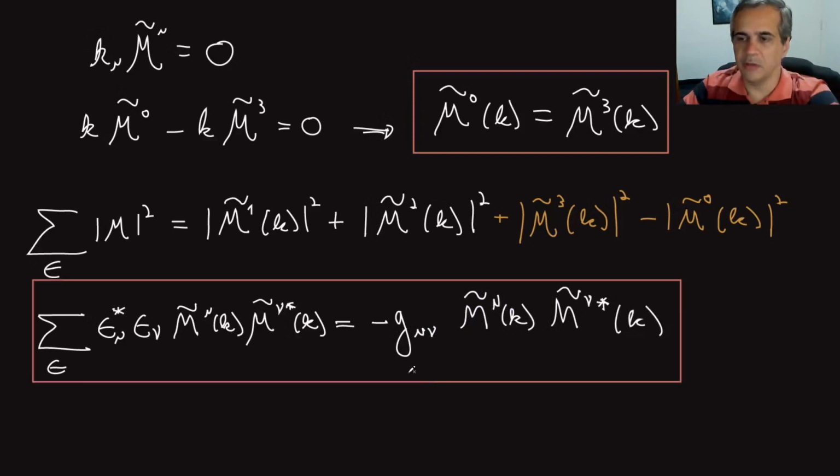And this is a very useful relation, because I manage to write the sum over the physical polarizations in an explicitly Lorentz invariant way, which means that this relation is true in any reference frame, not just the one I used. And I can rest assured that on the right side here, the unphysical part is canceling itself out because of the Ward identity. So I'm calculating really the physical thing.